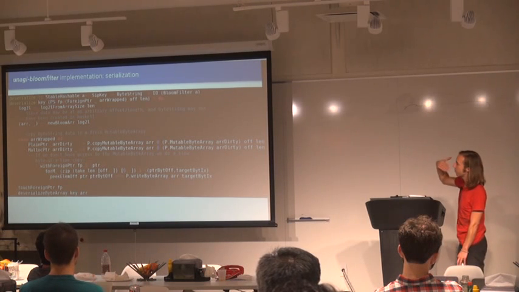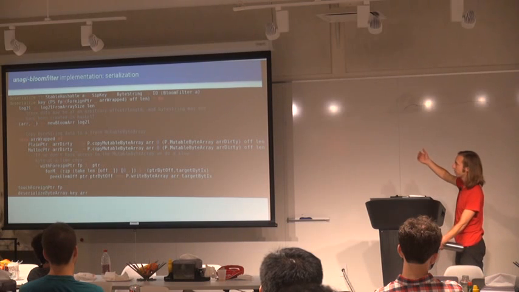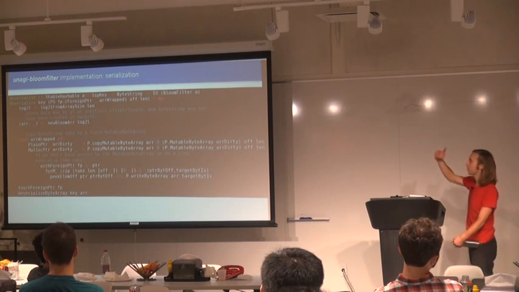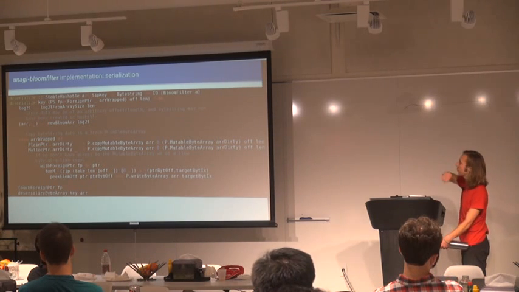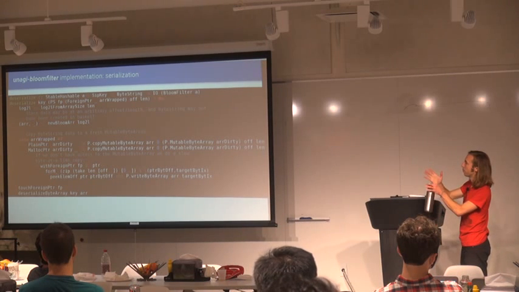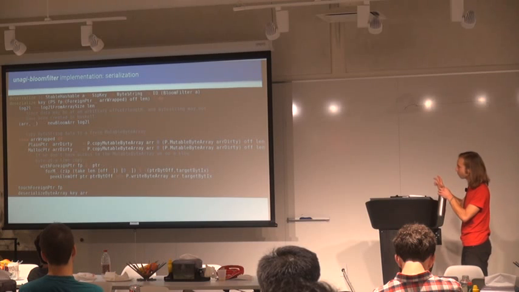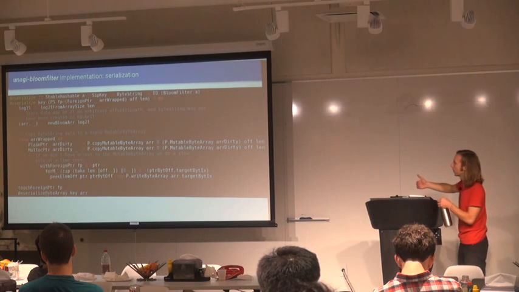Byte string will let you, if you say drop 2 bytes from a byte string, it's not going to actually make a copy of an array. It's just going to increment that offset integer. So here we need to make a copy of the memory in the byte string to a new mutable byte array, which we can use in our Bloom filter.